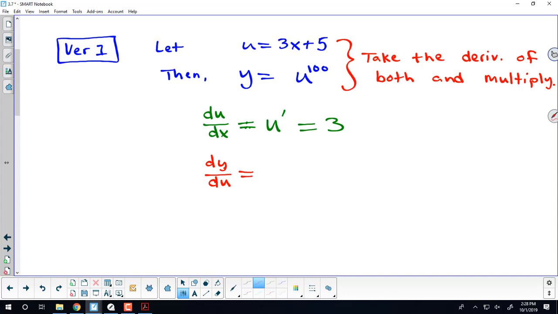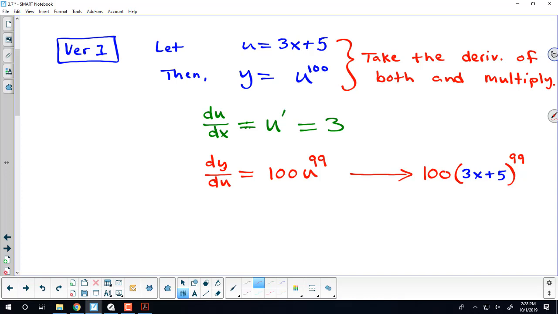Yeah, power rule there, 100 times u to the 99. But this derivative is in terms of u. What that actually represents for us is 100 times u, which was 3x plus 5, to the 99. So there's both of our derivatives.